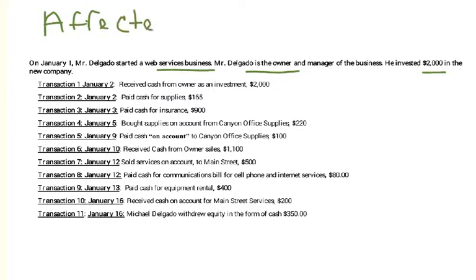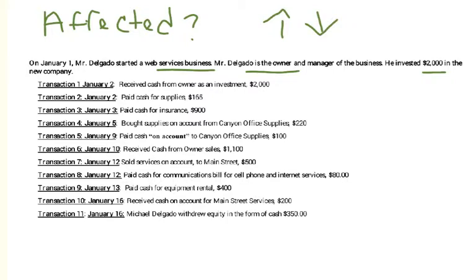Do we have one or two accounts usually affected? At least two, right? Perfect. And then we also ask ourselves, do those accounts increase or do those accounts decrease? So what I'd like you to do is take out this sheet and we're going to go through and do it together.